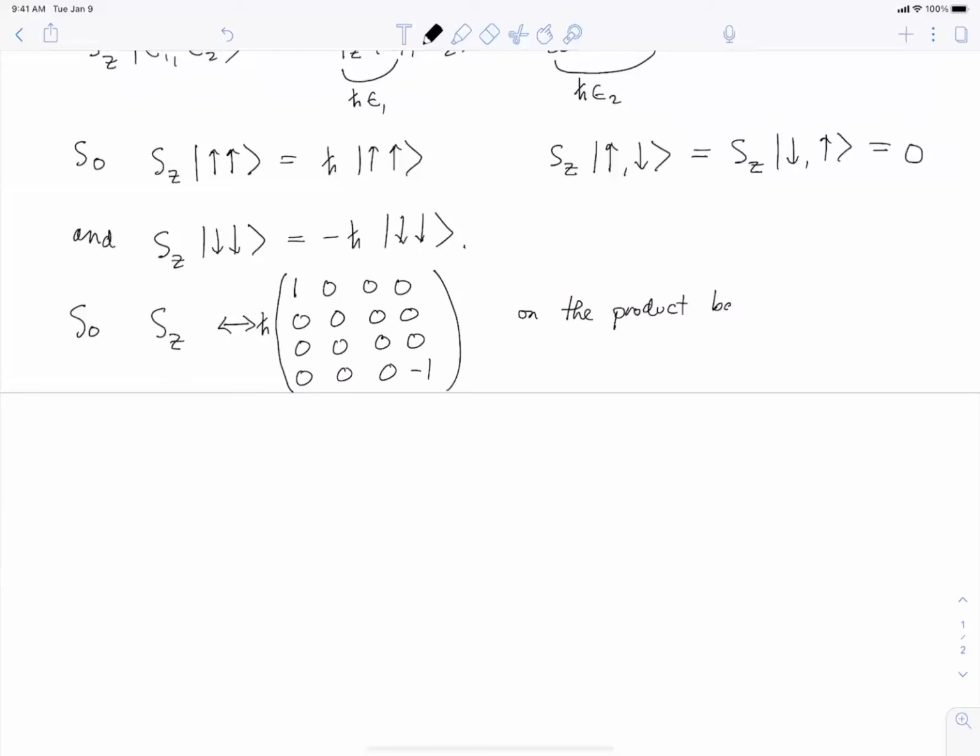I'm sorry, Professor, why was that one 0? Sorry? S sub z on the up and down. Why was that one 0? You mean here? Yeah, and the next one. Right, so this one has epsilon 1 equals 1/2, and this one has epsilon 2 equals minus 1/2.